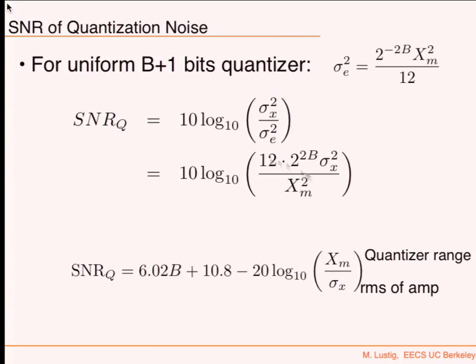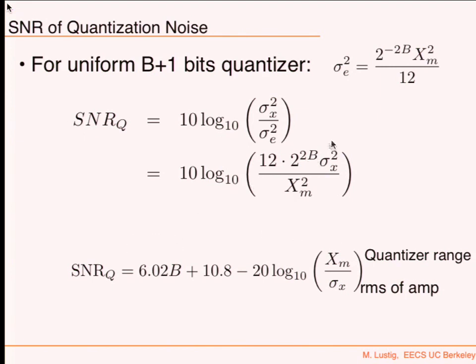That ratio would be 10 log 10 of 12 times 2 to the power 2b times sigma squared x, which is the variance of the input signal, divided by x sub m squared, which is my dynamic range. Because this is a log of something that is multiplied together, in dB things just add together.